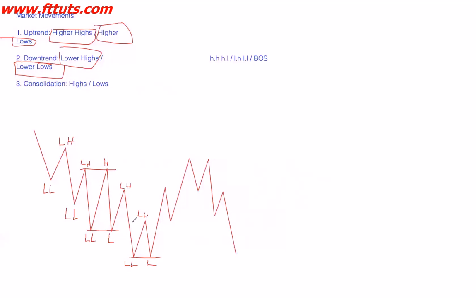So again, right here, the market broke structure. So here's our break of structure. Right here, once we broke our previous lower high, forming a higher high, we then came down and formed a higher low, because we respected the same area of resistance, and then the market ended up breaking structure.